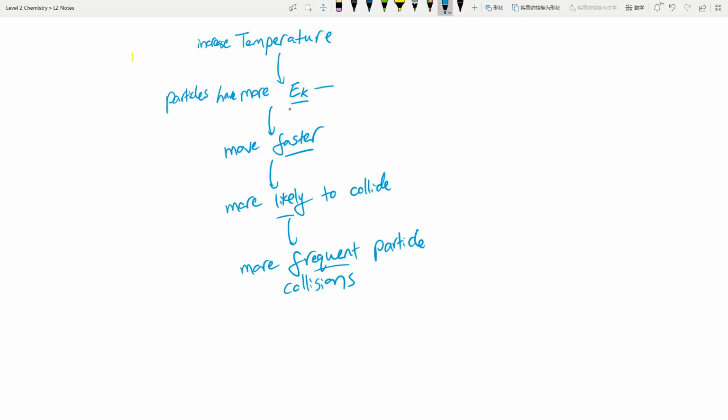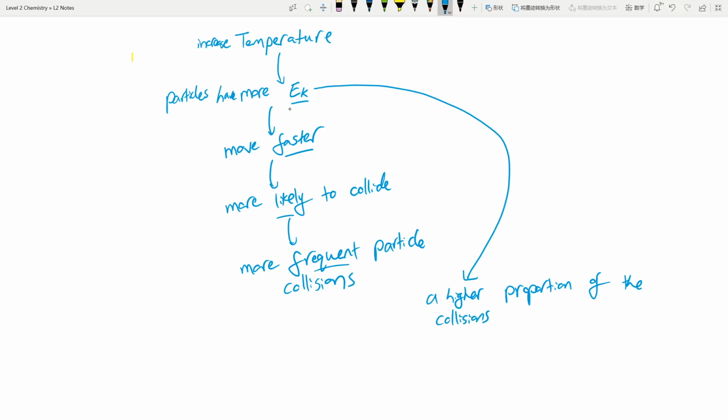But because they have more kinetic energy, a higher proportion of these collisions, because you're now colliding with more energy, will have sufficient amount of energy to overcome EA, which is activation energy.